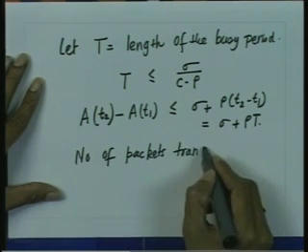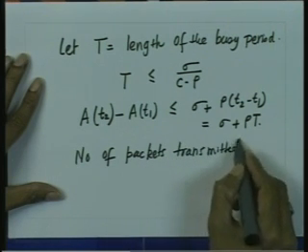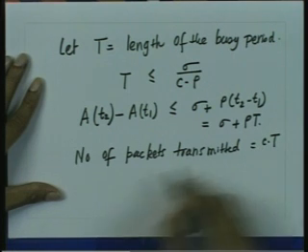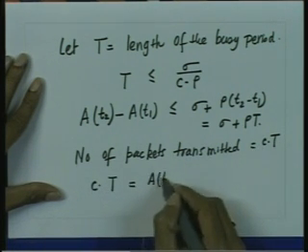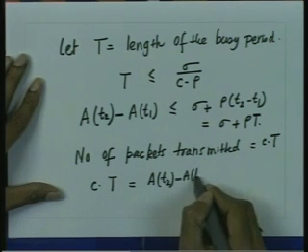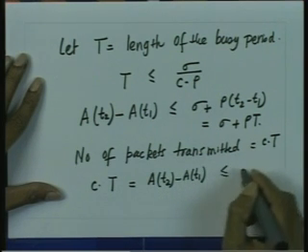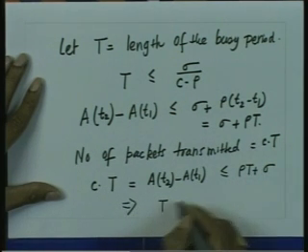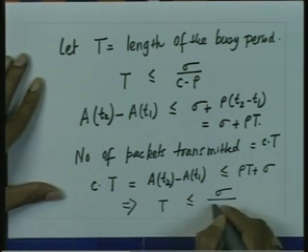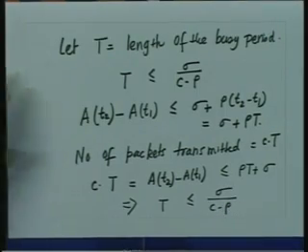The number of packets transmitted during the interval is c into T. So obviously cT is equal to A(t2) minus A(t1), which is less than or equal to rho T plus sigma, and this gives that T is less than or equal to sigma upon c minus rho. Of course, if we are assuming a discrete time arrival process where T has to be an integer, then we need to take the integer part of sigma upon c minus rho.